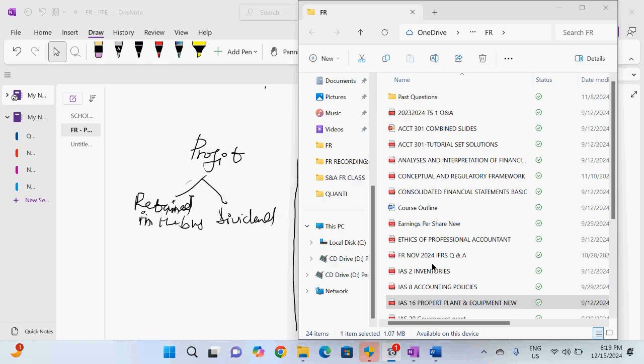Then I'll give you one assignment too, so that you practice. And you can also practice your tutorial set questions as well. You get it? If you don't get it, forget about it.